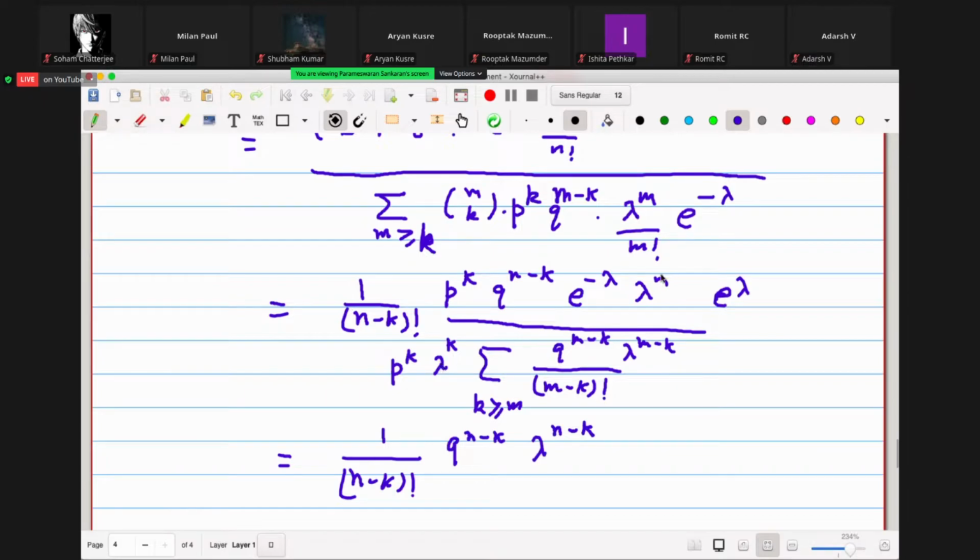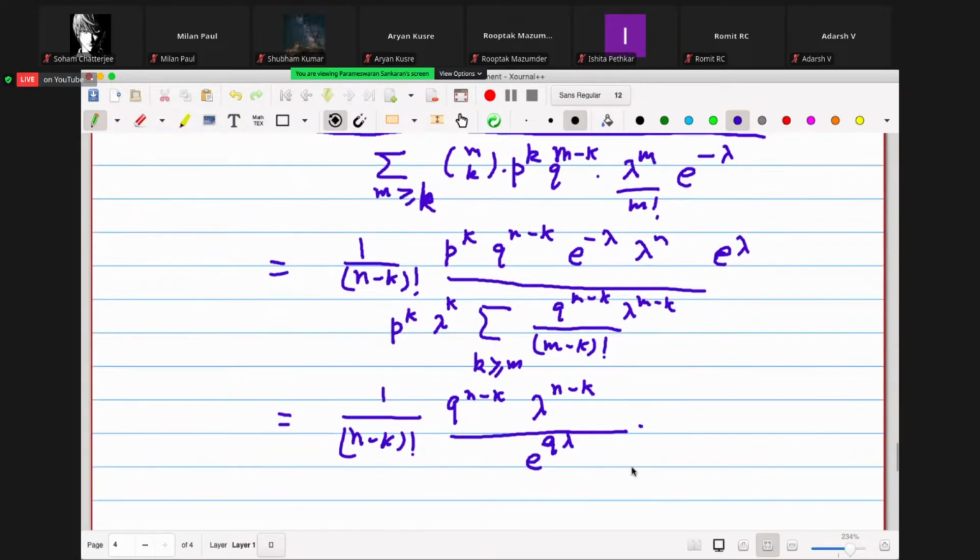So this goes to the numerator, and divided by, what do I have here? This one is the exponential series, so e power plus q lambda. Q lambda. And I think that is what I have here.